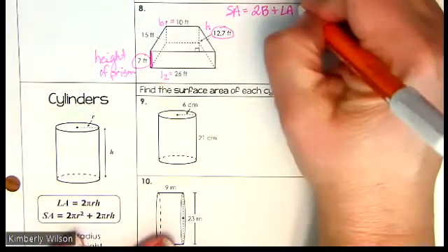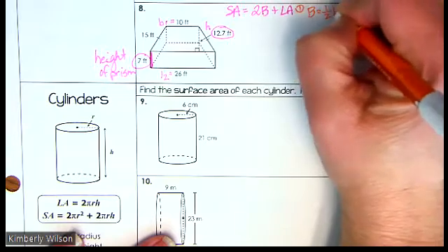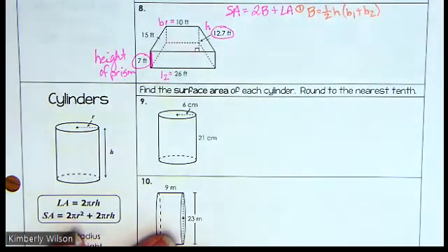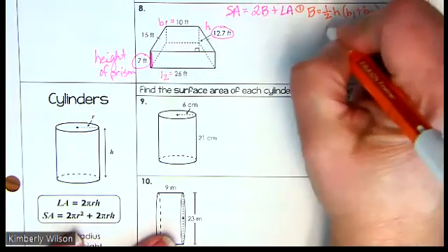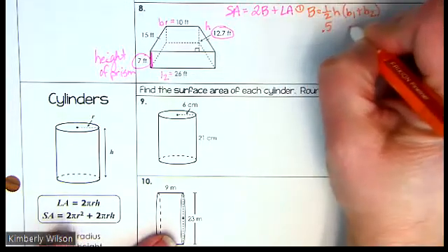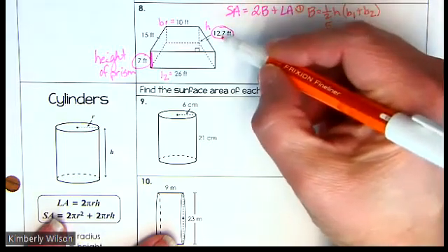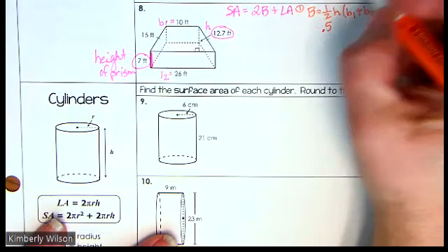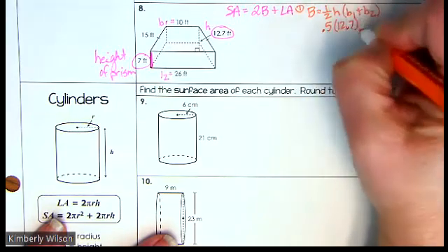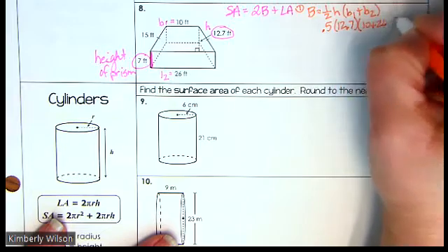Okay, so for step 1, the capital B is calculated by doing 1/2 H times B1 plus B2. That's our trapezoid formula. If you want to do 0.5 instead of 1/2, it's your choice. I like to do 0.5, but you don't have to. So this is 0.5 of the height of the trapezoid, not the height of the prism. So we're going to have 12.7 times 10 plus 26.